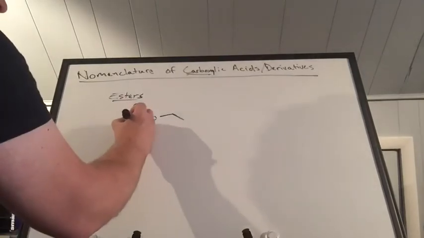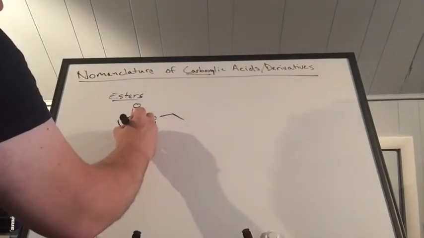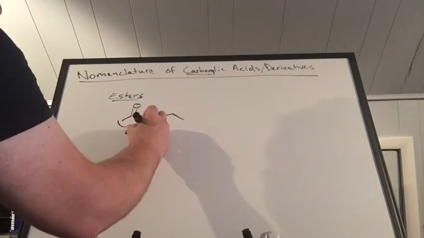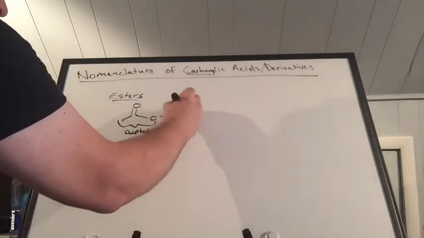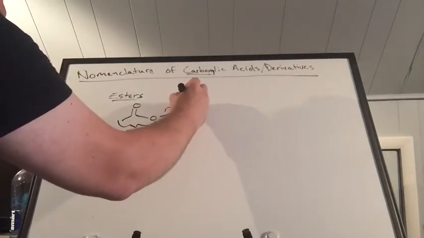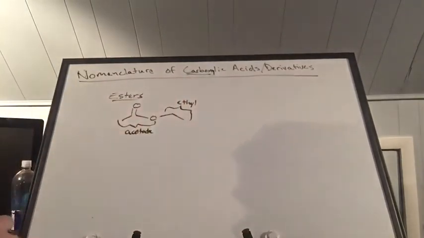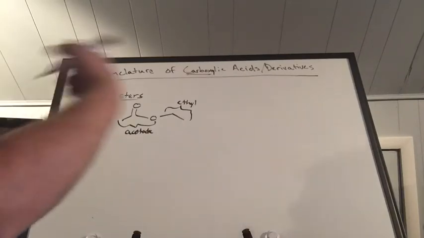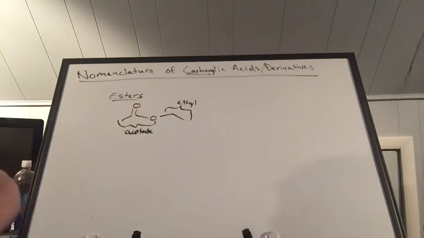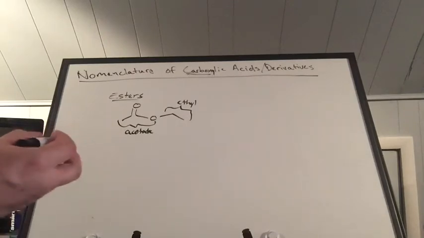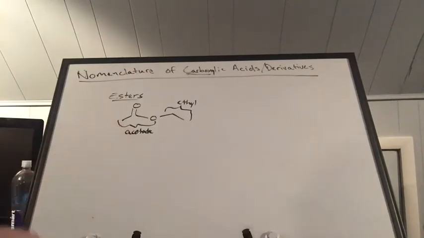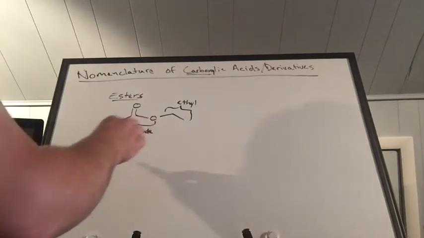So you're going to have alkyl alkanoate nomenclature, right? So in other words, if you had phenyl benzoate, that would look something like this.